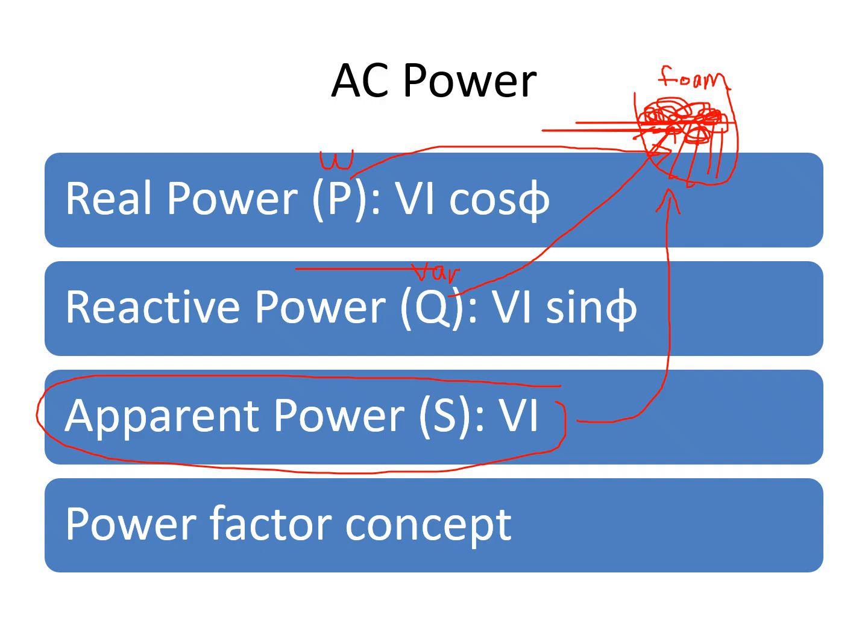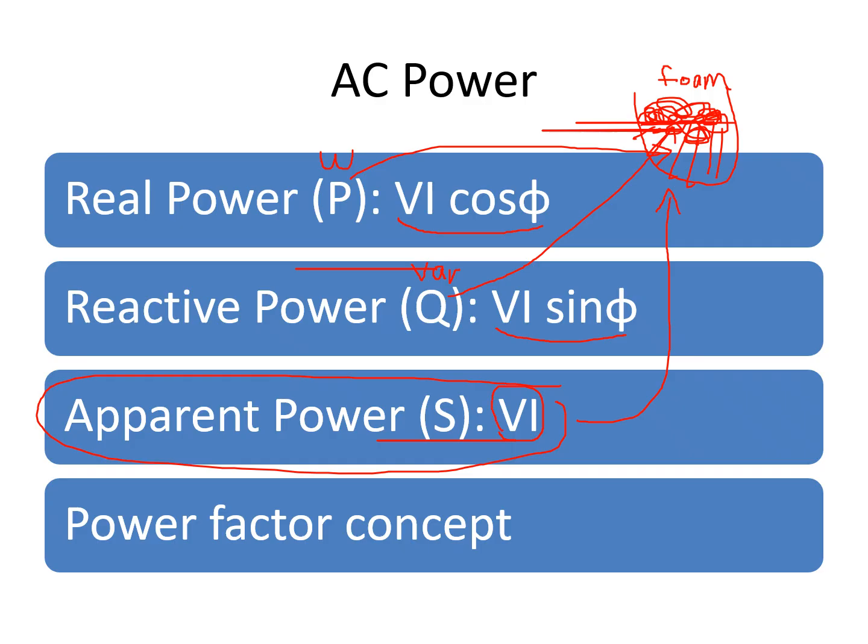For real power, it's voltage times current times the cosine of the phase difference between these two signals. And for reactive power, it's voltage times current times the sine of the phase difference between voltage and current. And in apparent power, we don't consider that phase difference. All we care is voltage and current.